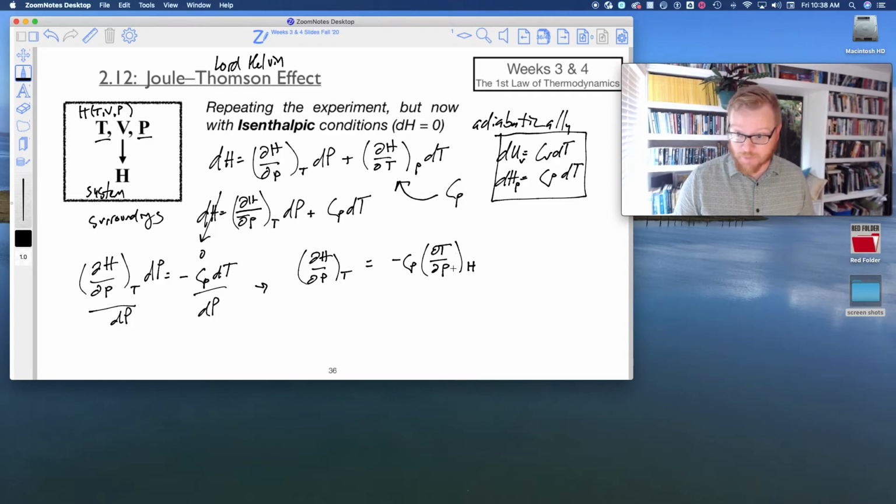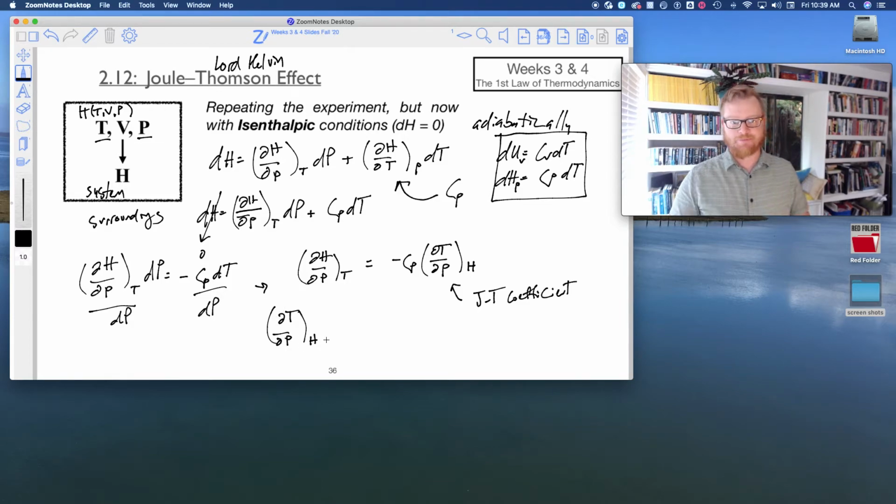And as it turns out now, this derivative is very useful. Partial T with respect to partial P at constant H, we call this the Joule-Thompson coefficient, the JT coefficient. There's a couple different ways that we write that. We can write that as a partial of T, partial of P, H, and it's given the Greek letter mu for the Joule-Thompson coefficient.